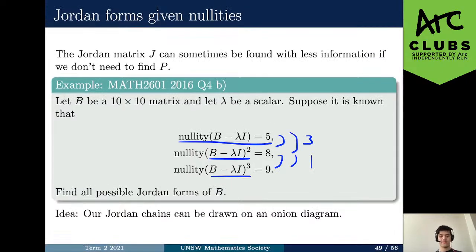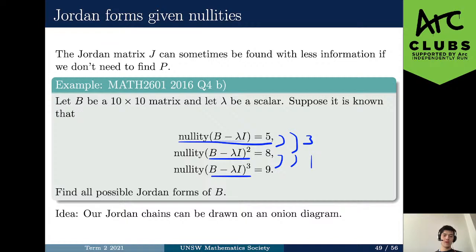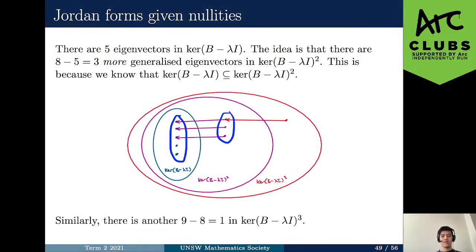That's why we have 3. And then all 8 vectors in the nullity of B minus lambda I squared will also exist in the nullity of B minus lambda I cubed. But this is a 9, so that just means that there is one more vector inside there.